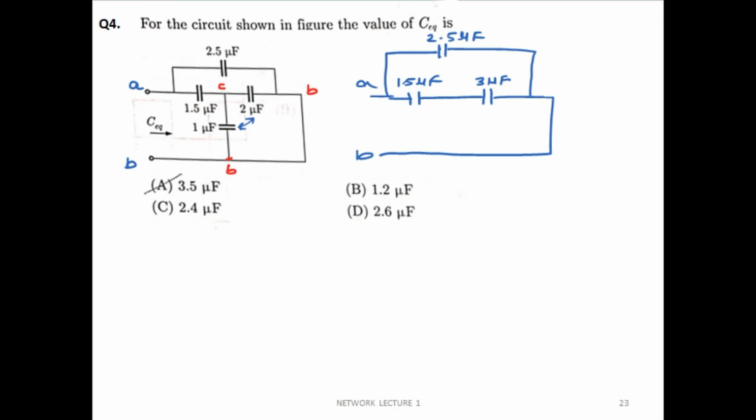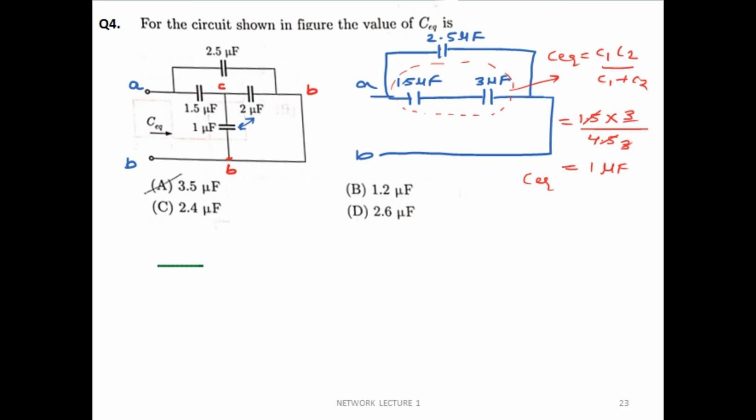So now these two are connected in series. So in series C equivalent will be given by C1 C2 by C1 plus C2. So it will be 1.5 microfarad into 3 divided by the sum of both, 4.5 microfarad. So it will be equal to 1 microfarad.